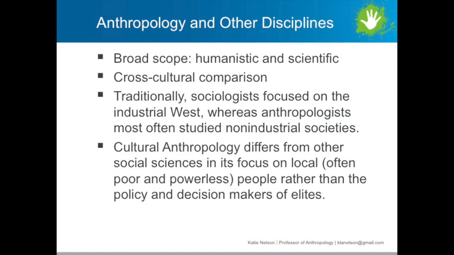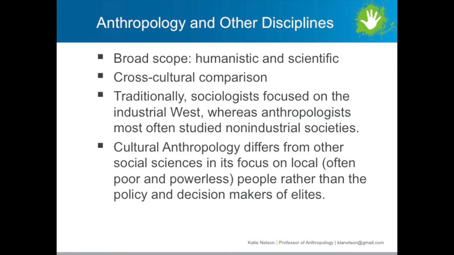Sociology is possibly one of the closest fields, especially when it comes to cultural anthropology. Traditionally, sociologists focused on the industrial West, on complex, highly technological societies such as the United States, whereas anthropologists tended to study non-industrial societies with low technologies.